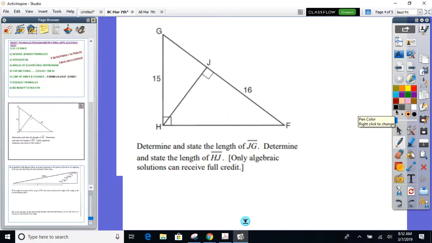Don't worry about the directions on top. Just worry about, you guys can see what's in the diagram. The right angles are in there, 15 and 16. It's going to be a two-part question for us to solve.